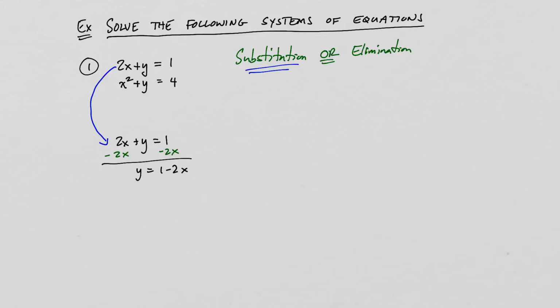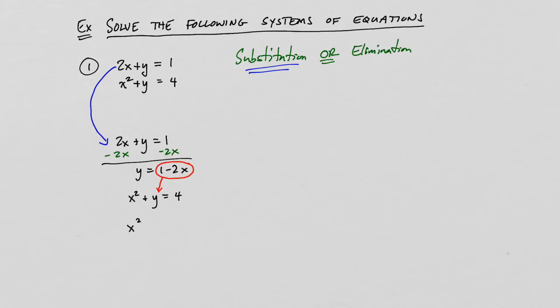The second equation is x squared plus y is equal to 4. Just like we did earlier in the course, we're going to take y equals 1 minus 2x and substitute the expression in for y in the other equation.